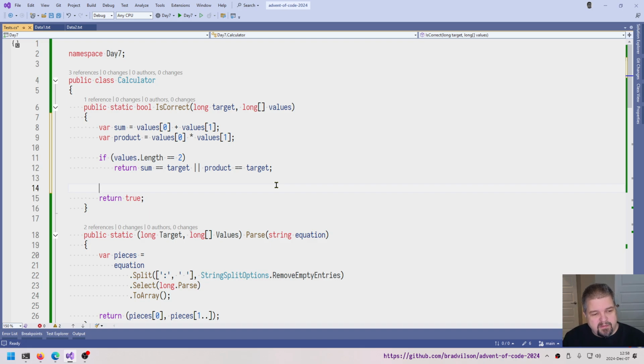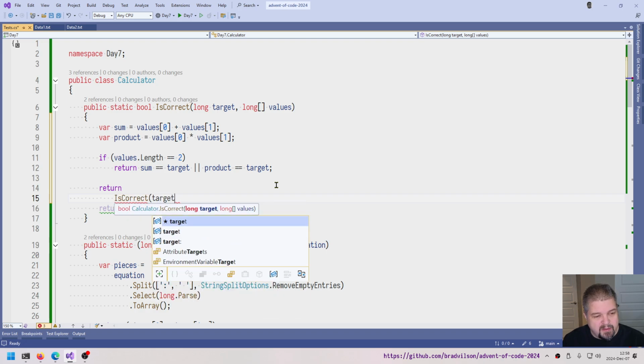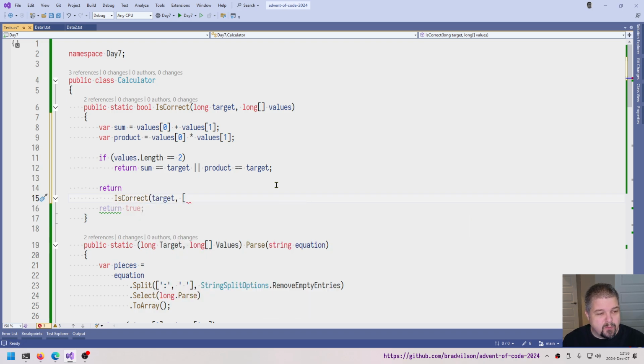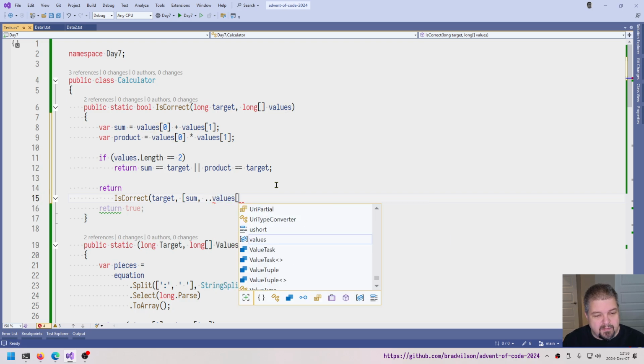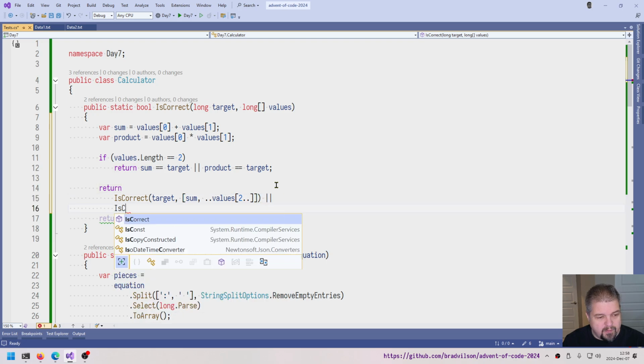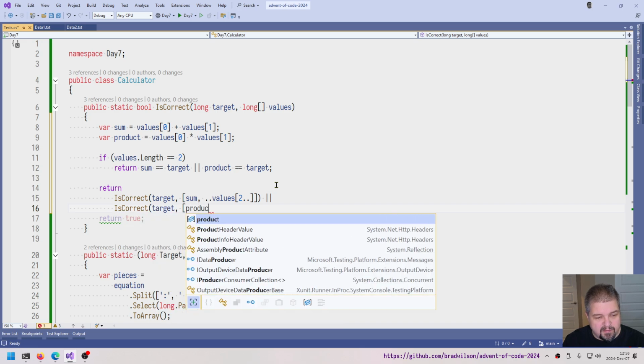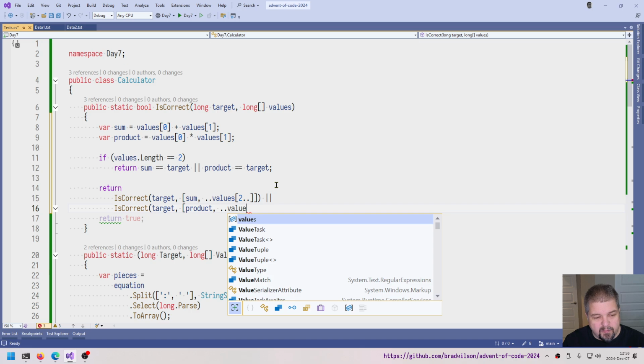So here we're going to say return is correct for the target, and we're going to need a new array which includes the sum and then values sub 2, right? Or is correct for the target with the product, and then the rest of the values.